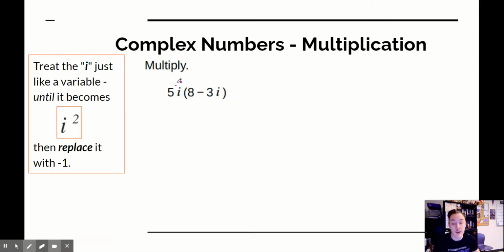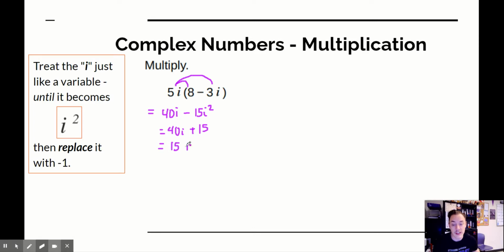So what do I do here? I do exactly what I normally do, just distribute, right? 5 times 8 is 40i, so this equals 40i. 5i times negative 3i is negative 15i squared. i squared is just negative 1, so this becomes plus 15, okay? Now, if you want to leave it in this form, you can, but I'd rather put it in the actual standard form.